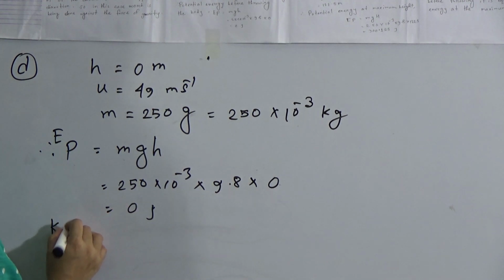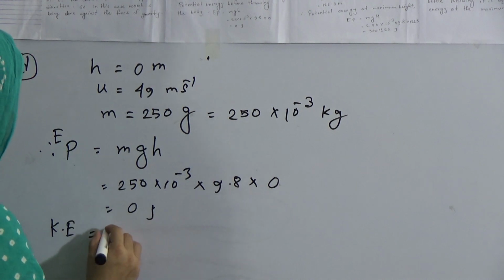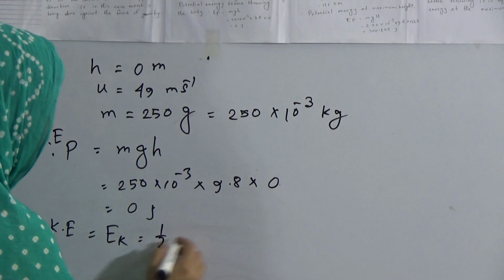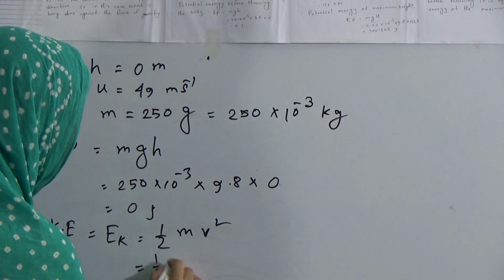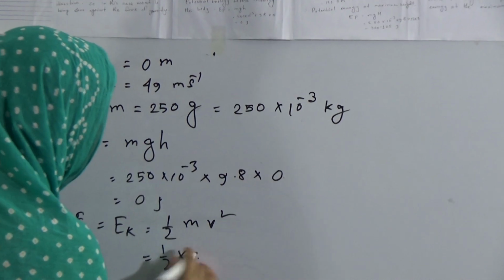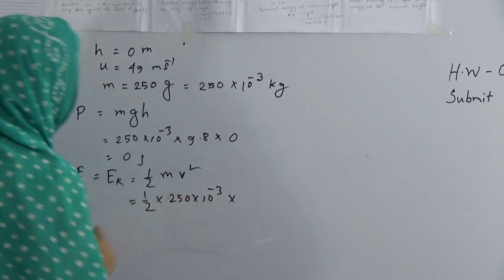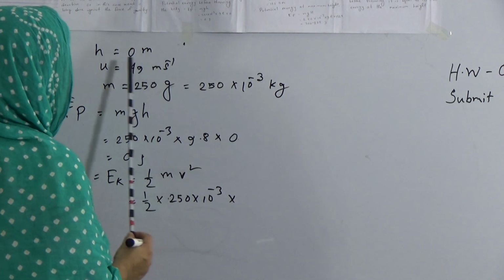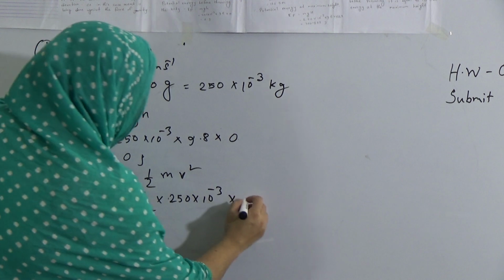Kinetic energy is Ek equals half mv squared. The formula of kinetic energy is half mv squared. So put the value: half into m, which is 40, m means 250 into 10 to the power minus 3, into v. Before throwing the body, v is 49.